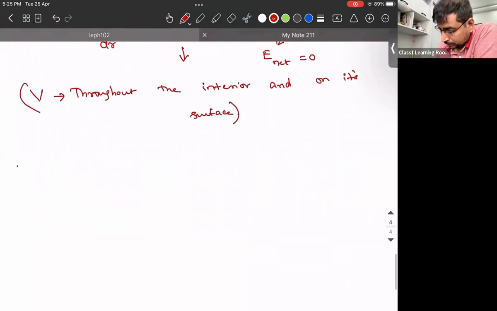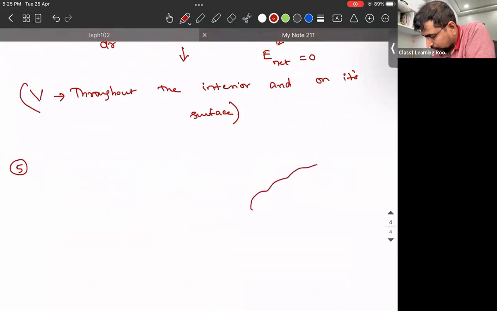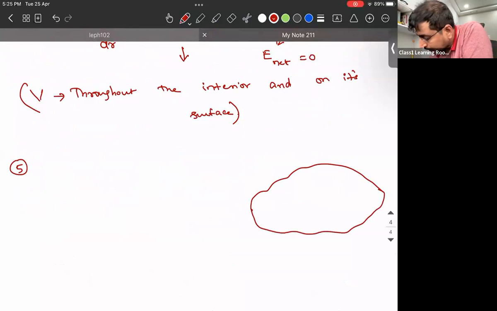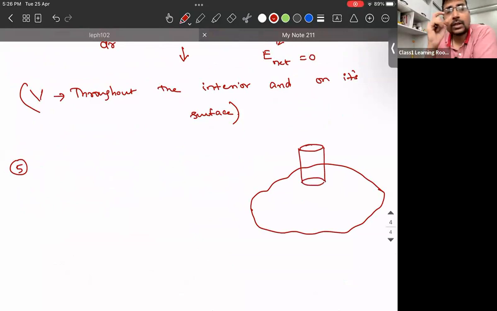So how does it work? Again, if I take a conductor, and for that conductor, I am again considering the Gaussian surface. We know that the excess charge is going to go and sit on the surface of the conductor. So within this region, let me say this is all going to be positive. Let me take the area of cross section to be A. We know that the electric field is going to be perpendicular to the surface of the conductor.